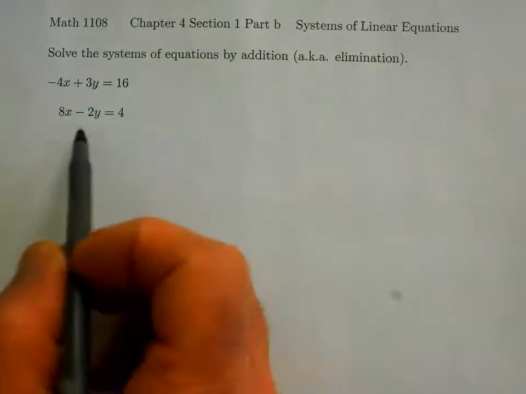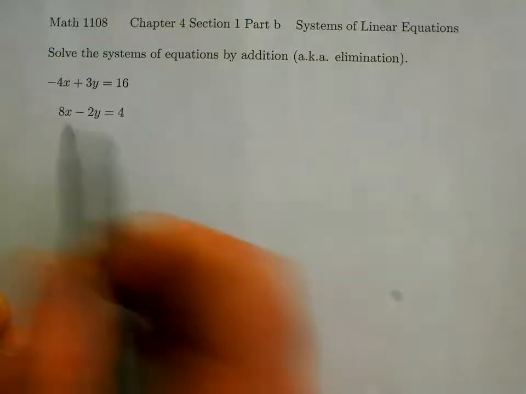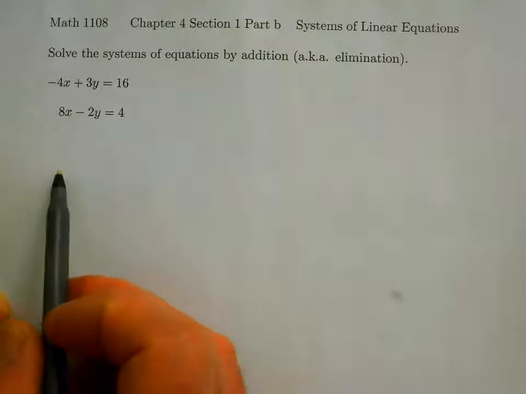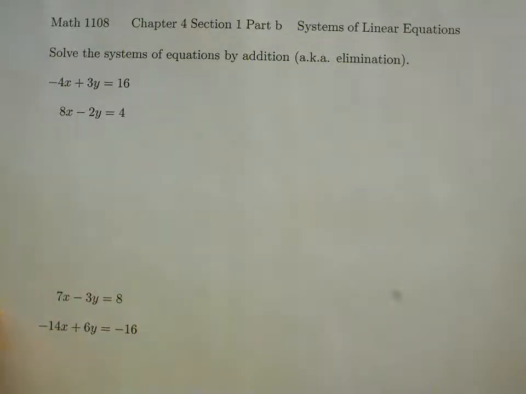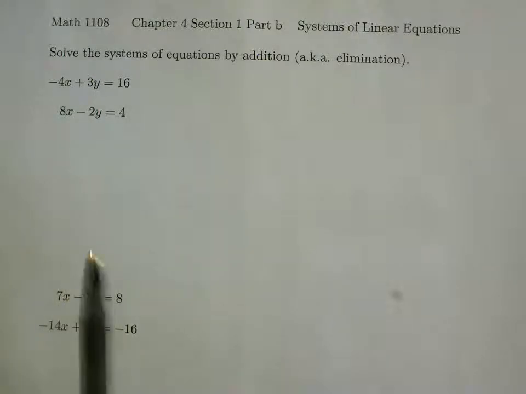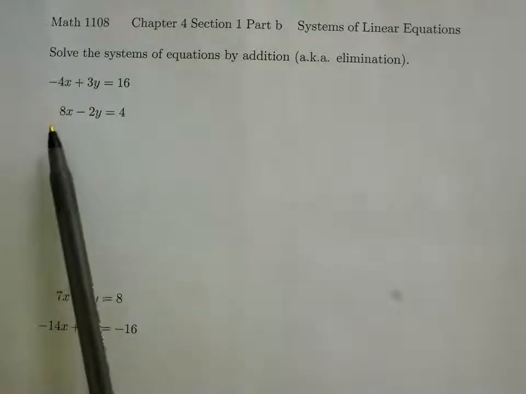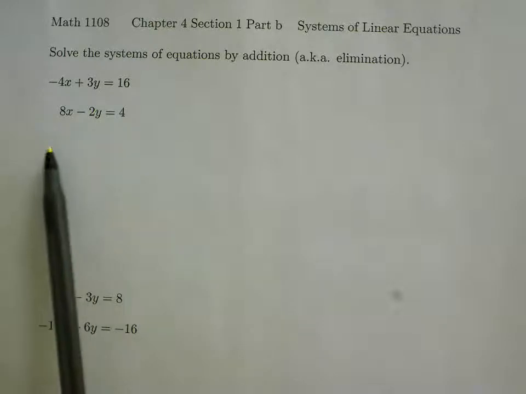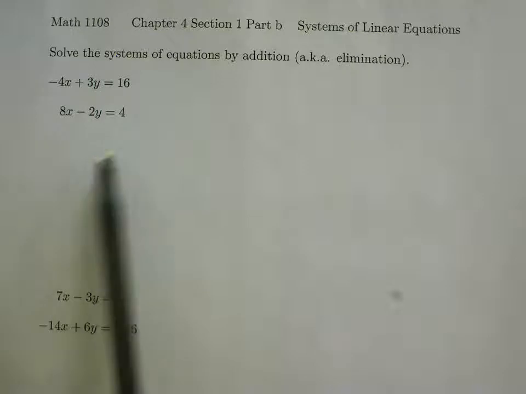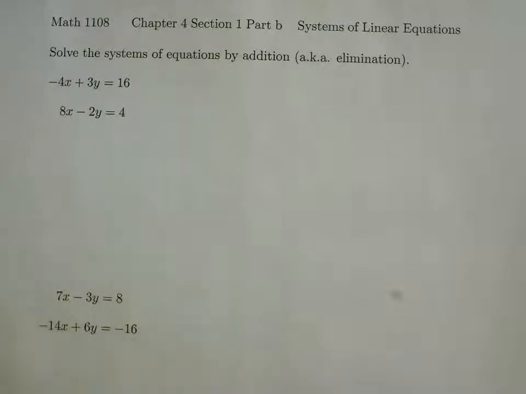In this system's current state, if we add the two equations, nothing is eliminated. But it's legal to add two equations. You'll just get another equation. So if you were to add these two equations, the left-hand side would become 4x plus y, and the right-hand side would become 20.